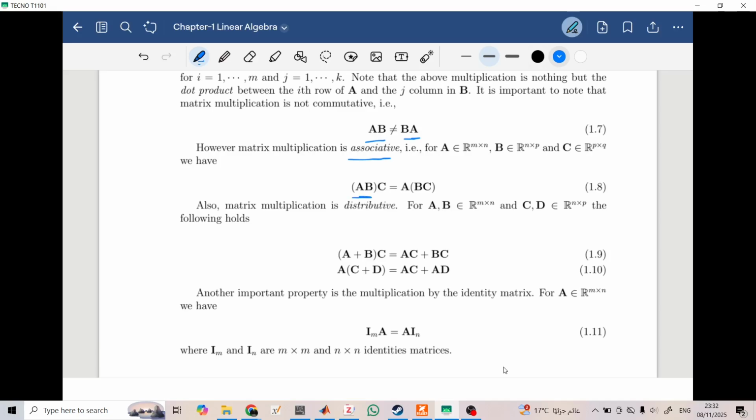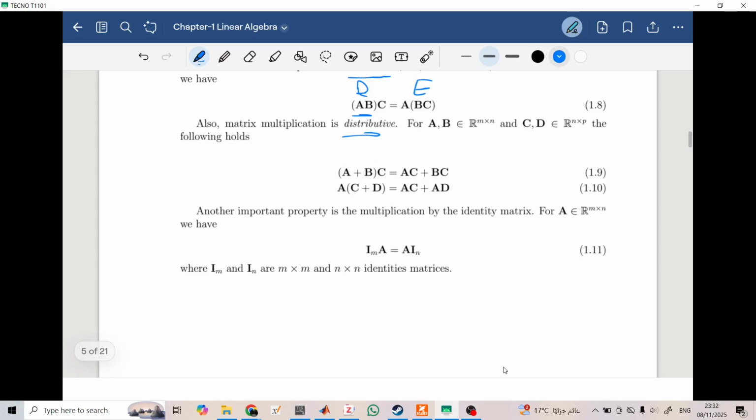We can find, let's say, D equals A times B, then multiply it with C, or say B times C is equal to E, and then multiply A times E. So they are associative, they are distributive. We can distribute the multiplication over the summation or subtraction from the right or the left.